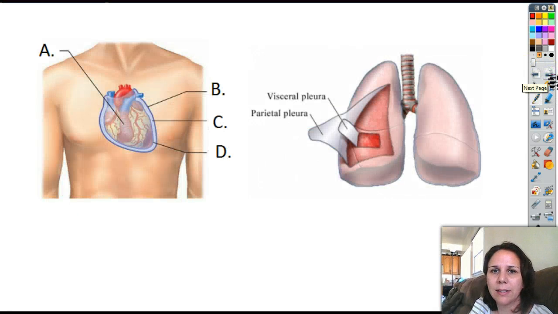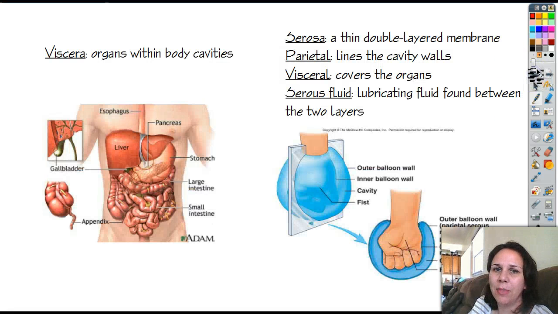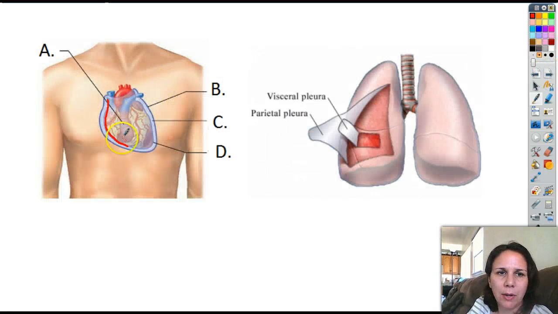We'll have more practice. So here's your heart. As you can see, there's the inner layer, your visceral pericardium because it's around the heart, and this is your parietal pericardium. And then you have serous fluid in between. Here's the one for the lungs.